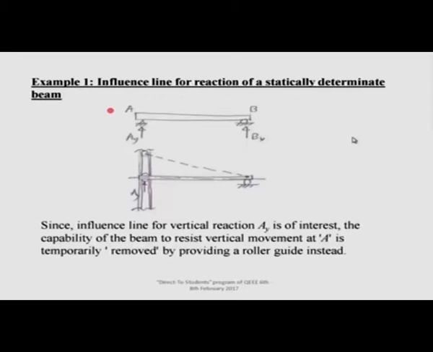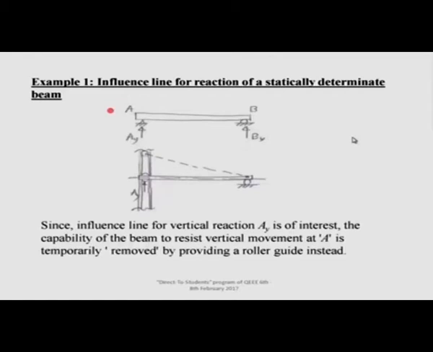The first step is to destroy that, to remove the capability of the beam to resist the reaction at A, but not any other stress resultant restraint. That means the beam will only be allowed to slide down or up and nothing else.